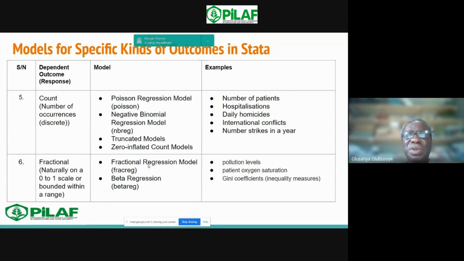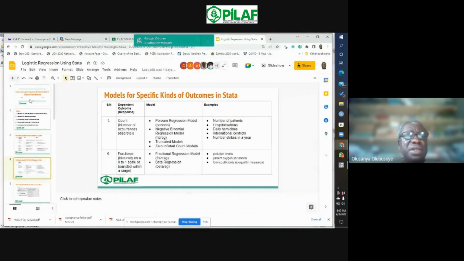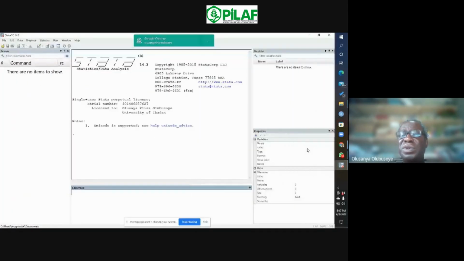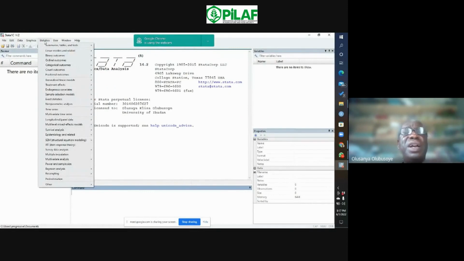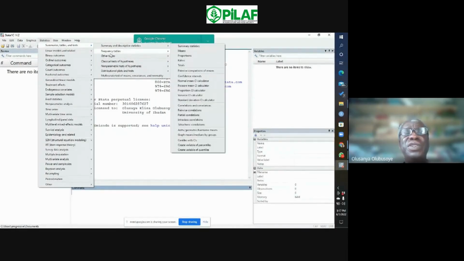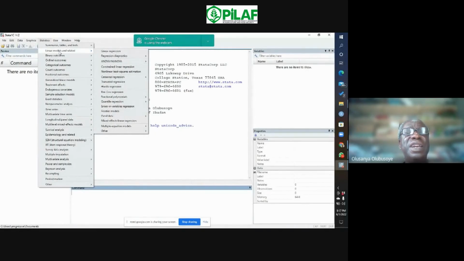But all of this, you can easily use them in STATA. So if you go to your STATA window, you come here to statistics. You have seen that we have discussed most of the issues in this part. We have also discussed linear models.